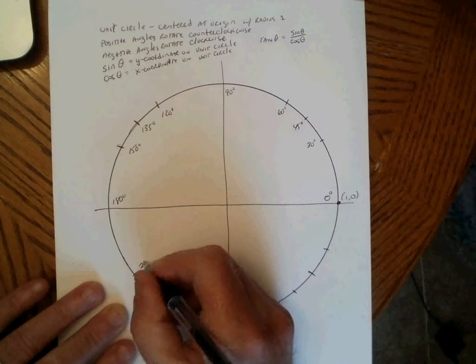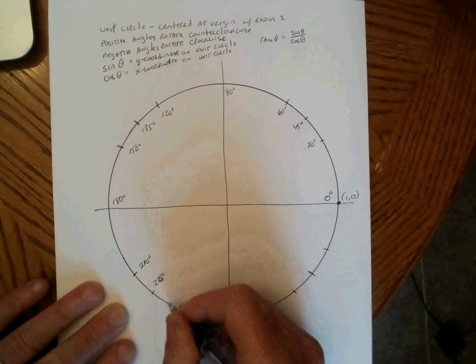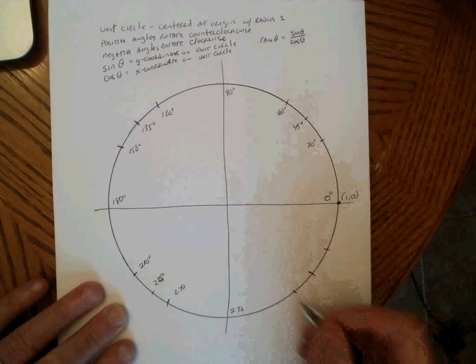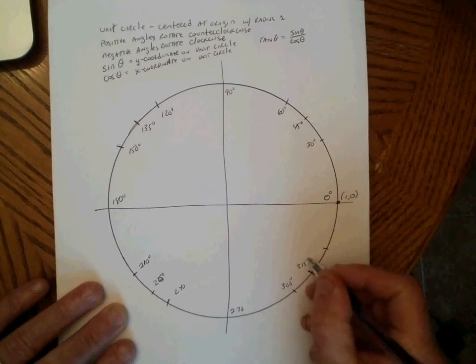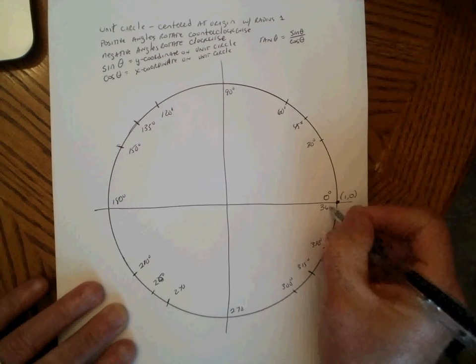This should be 210, and this is 225, and 240, 270, 300, 315, 330, and we get back to here, we're at a 360-degree angle.